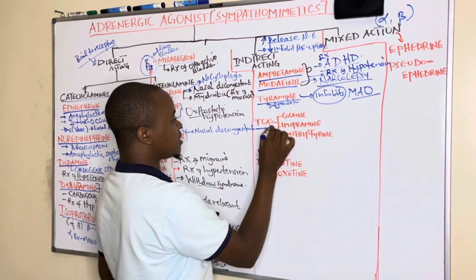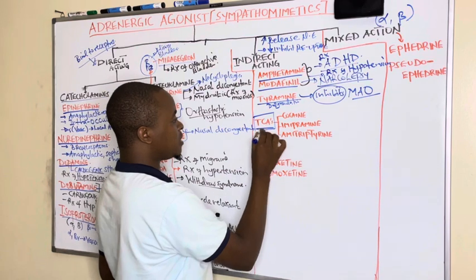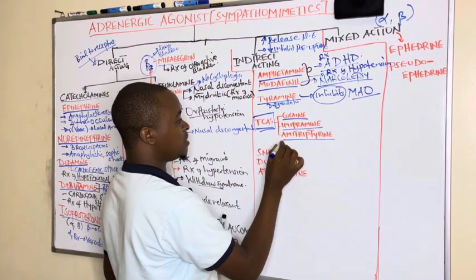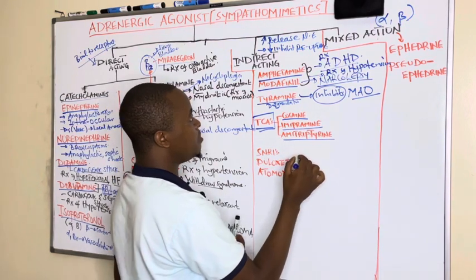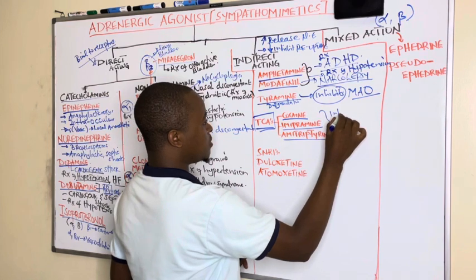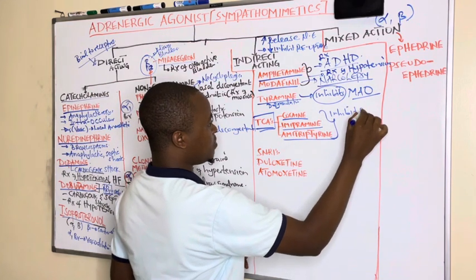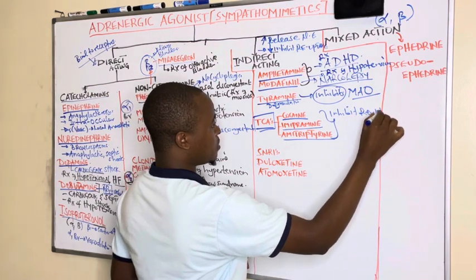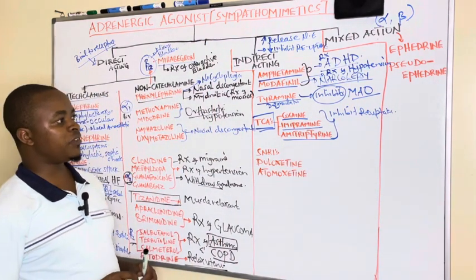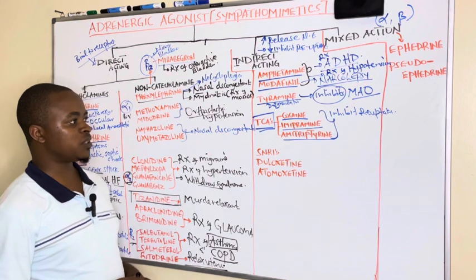Then the tricyclics, what we call TCAs, like cocaine, imipramine, and amitriptyline, act by inhibiting reuptake through the norepinephrine reuptake transporters.